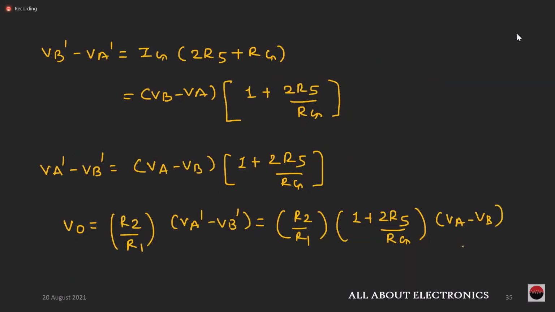VB dash minus VA dash is equal to the given equation. IG we can represent as VB minus VA divided by RG, and 2R5 plus RG we can write as 1 plus 2R5 divided by RG.